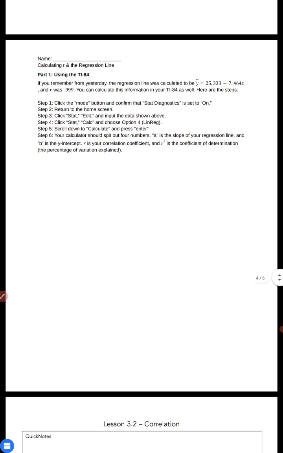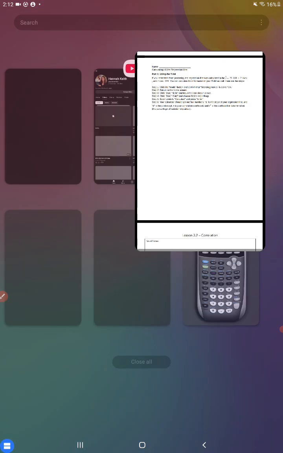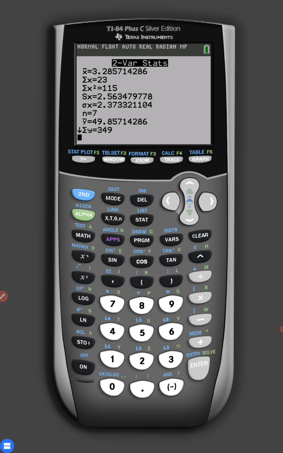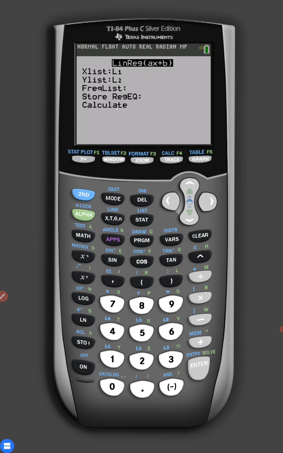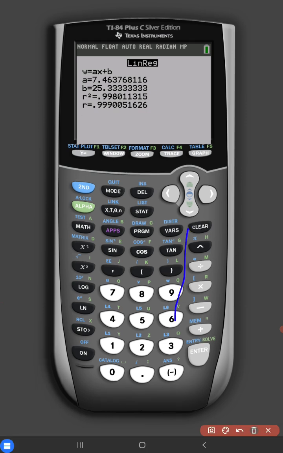So if I go back to your TI-84, if I go to Stat and over to Calc, if you go to Linear Regression, okay, and you let it spit out that list of numbers for you, it will spit out all this information for you. So A is your slope, B is your y-intercept, and then R right here is your correlation, and we will talk about in just a moment what R squared means.